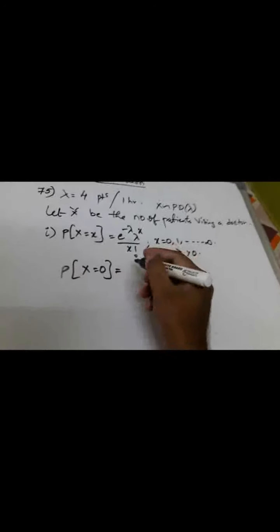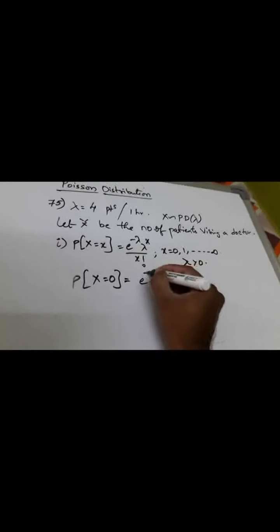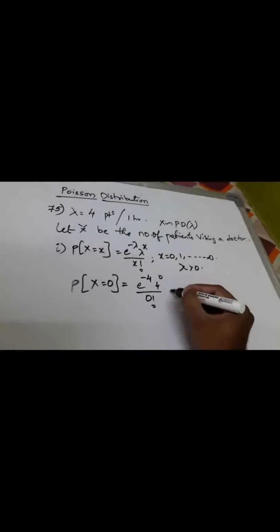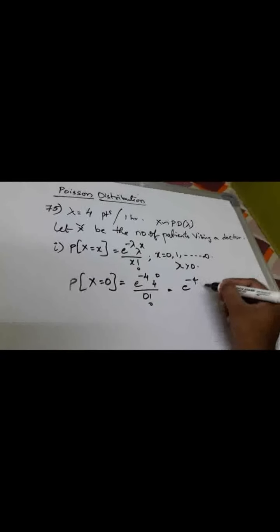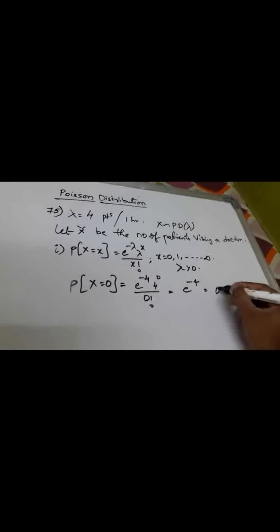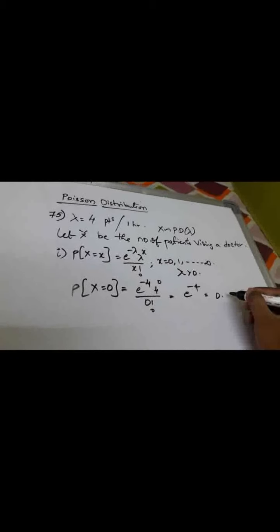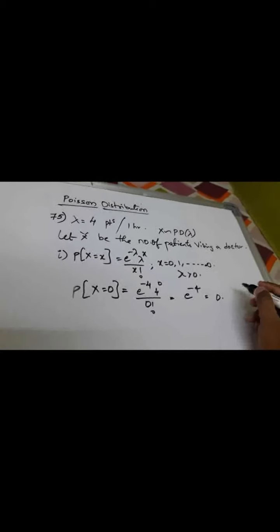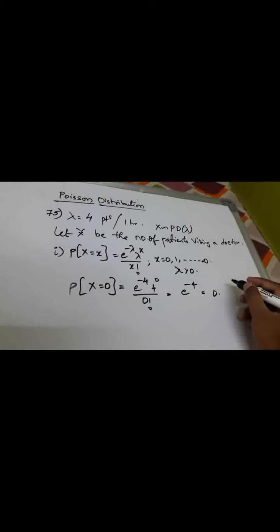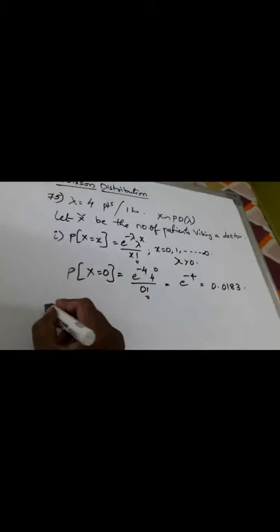P of x equals 0, e power minus 4, 4 power 0 by 0 factorial, that equals e power minus 4. What is e power minus 4? You can use your scientific calculator. Shift log, press e, it will appear on the screen, and minus 4. Exponential of minus 4 is 0.0183. In your scientific calculator you can do it, or use Poisson tables.